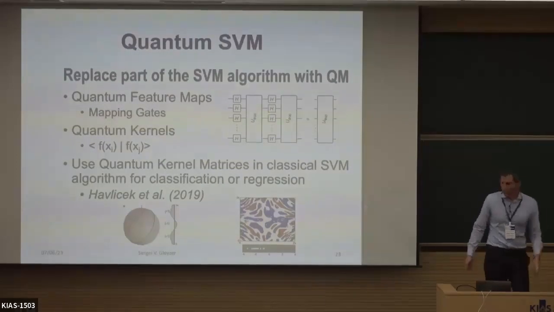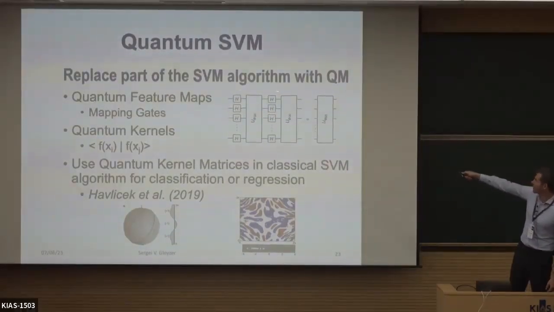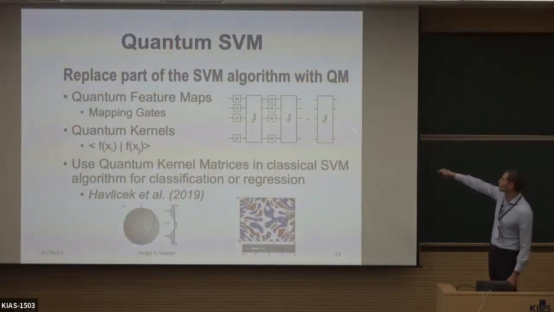And what you're really trying to do in the quantum version of the same thing is replace part of this SVM algorithm with these quantum feature maps and quantum kernels. So that usually looks something like that.